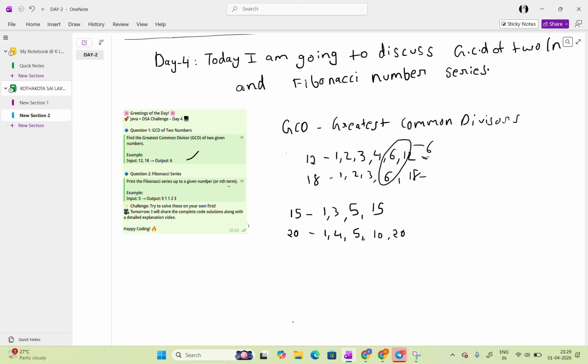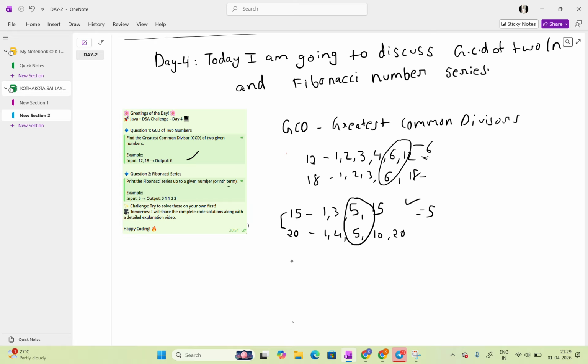So in this, what is the highest common factor in both the numbers? Can we say it is 5? Yes, it is 5. Okay, so this is the greatest common divisor. I think you got a good clarity of what is meant by GCD and how we are going to find it.